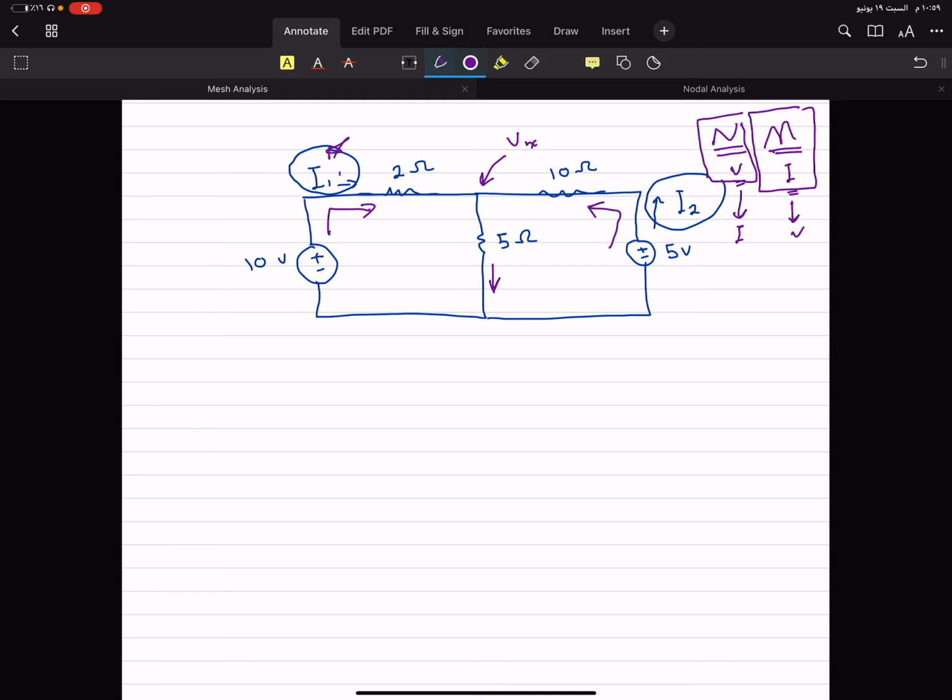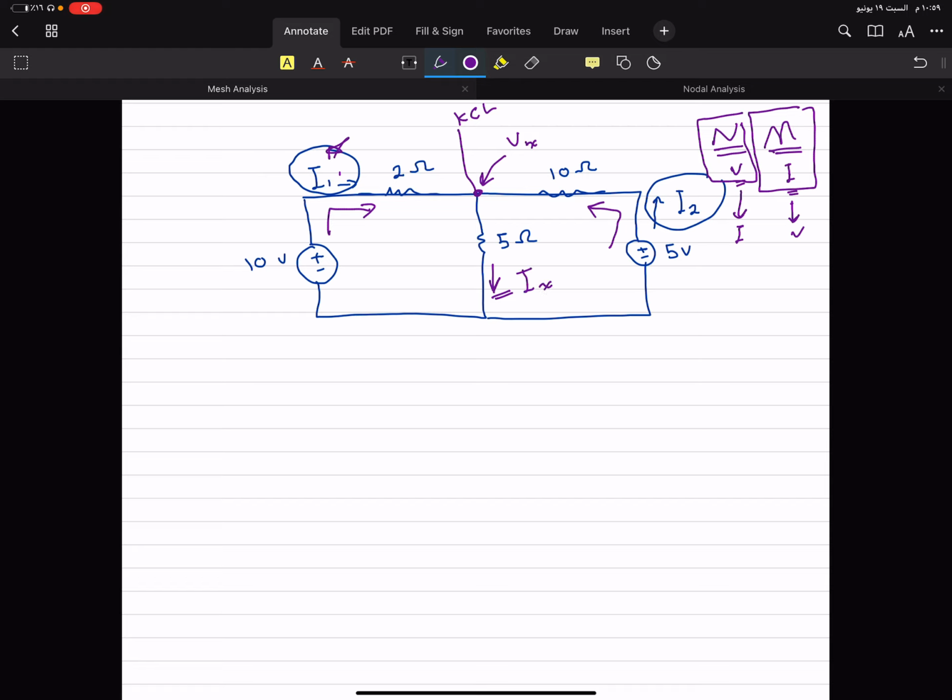This current, easily and obviously, as an engineer, you have to use something called KCL in this node. In this node, you will use KCL. Then you can find this current very easily. Let's say it's IX. Okay.